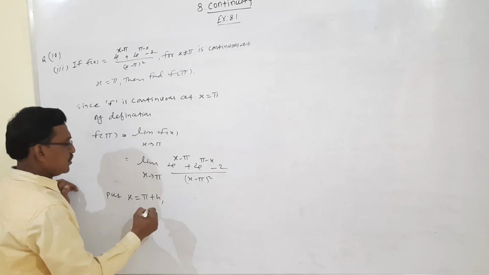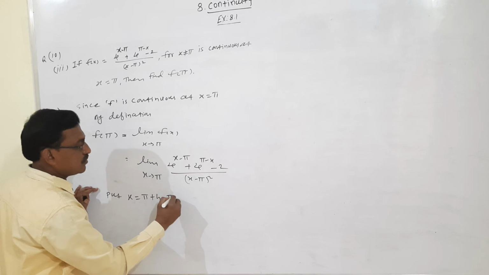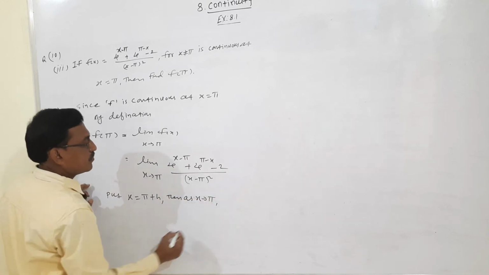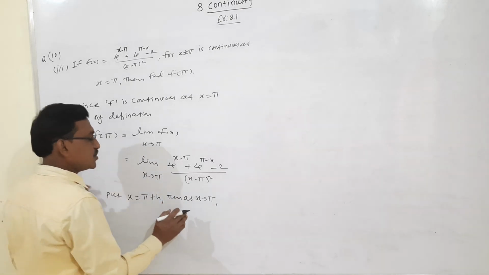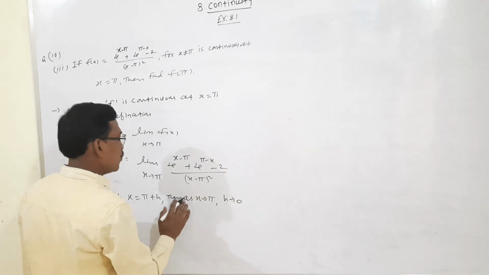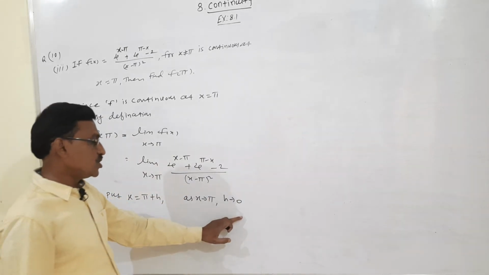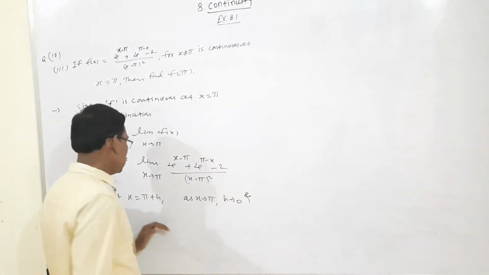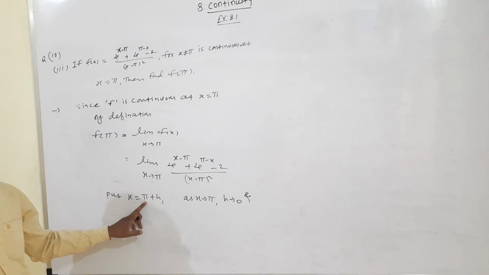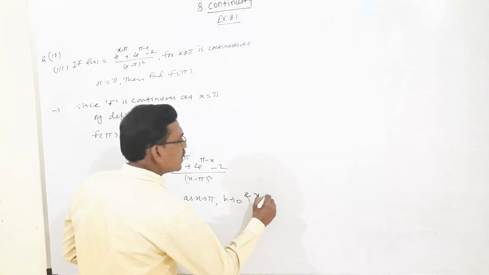Whenever we put x equal to pi plus h, then as x tends to pi, h tends to 0. The interval changes: as x tends to pi, h tends to 0. And when we put x equal to pi plus h, taking pi to the LHS, x minus pi equals h.